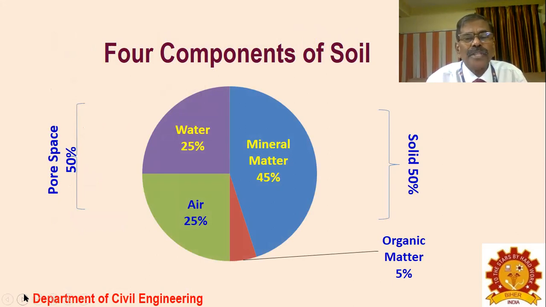Organic matter contributes a minimal 5%. So the solid, mineral and organic, is 50%, and water and air occupy another 50%. These are all the basic components of the soil, and only these four types contribute to the soil.